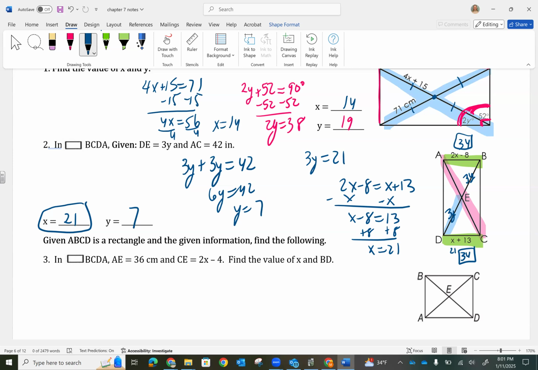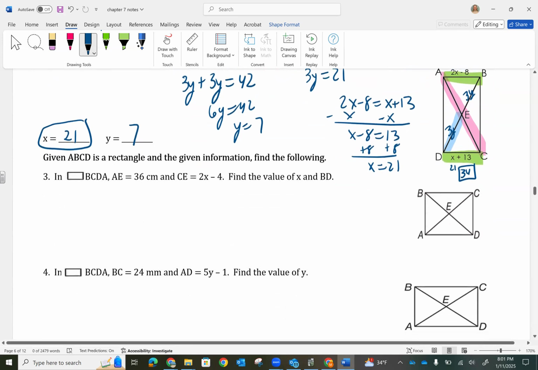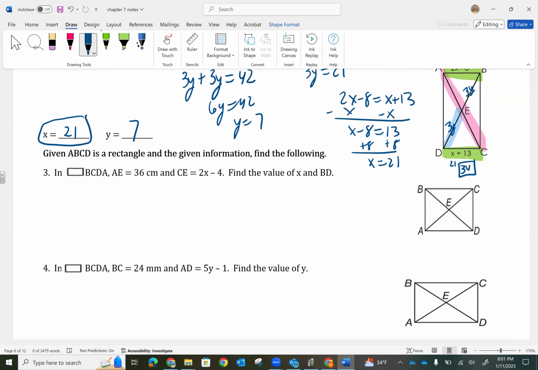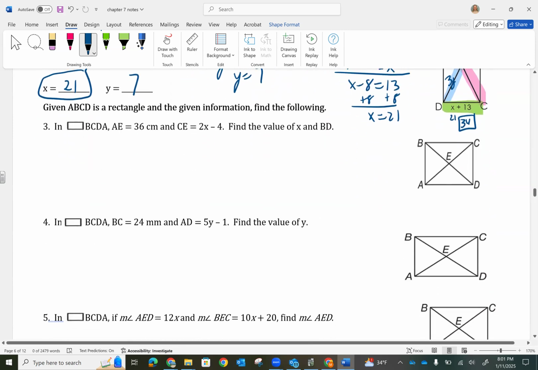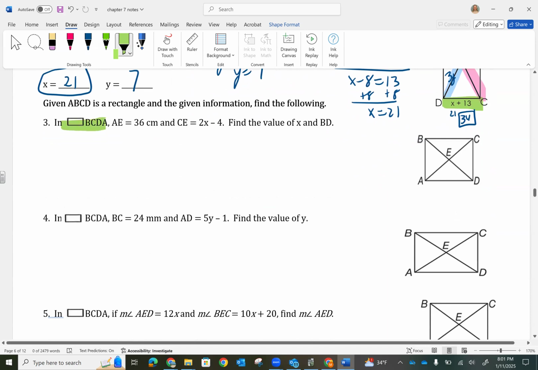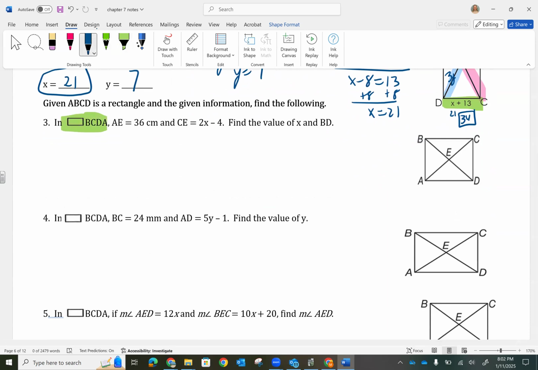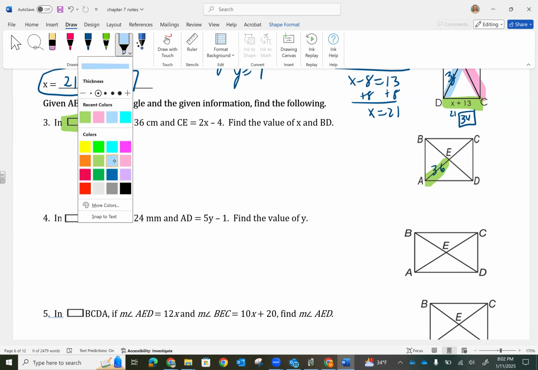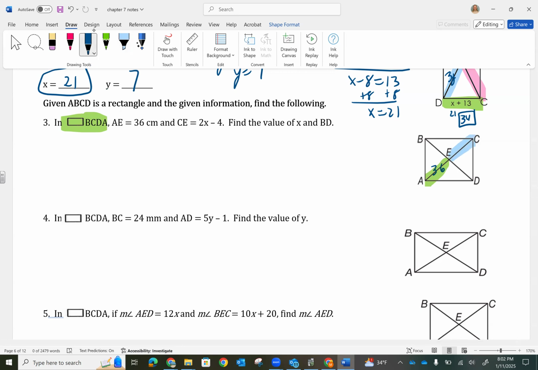Okay. The next one says, given a rectangle with the following information. And so in rectangle, notice they wrote the word rectangle by making a picture there. From A to E is 36. And then C to E is going to be 2x minus 4.